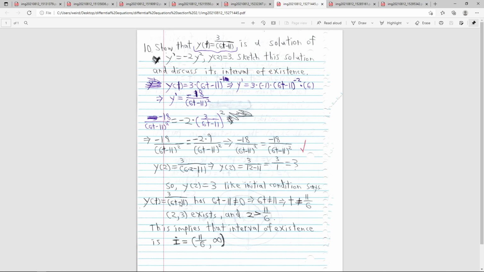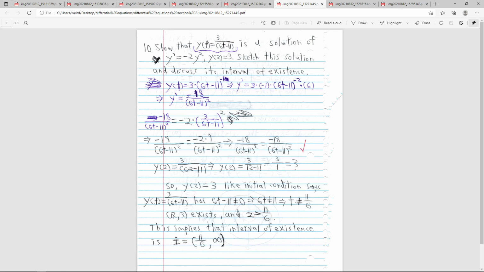So y at t equals 3 divided by 6t minus 11, and from this we can gather that 6t minus 11 does not equal 0. That means 6t cannot equal 11, and dividing by 6, t cannot equal 11 divided by 6. We know the point t equals 2 and y equals 3 exists, and we also know that t cannot be 11 over 6.